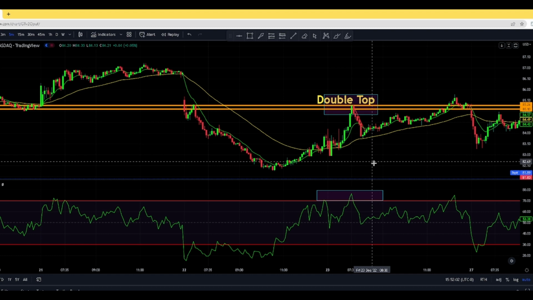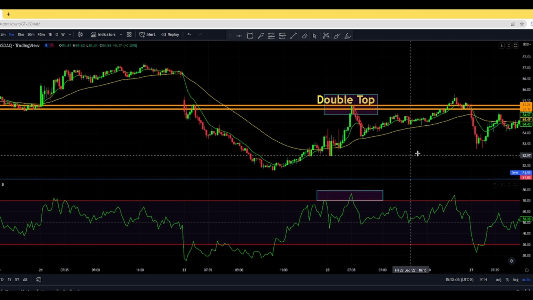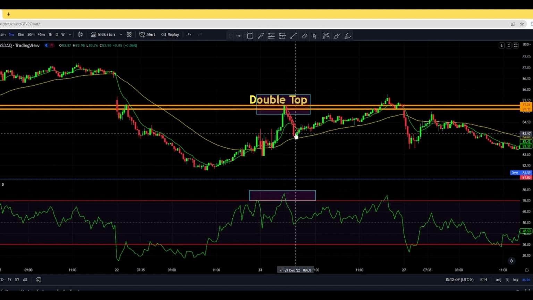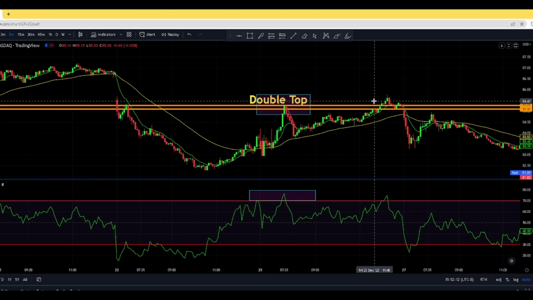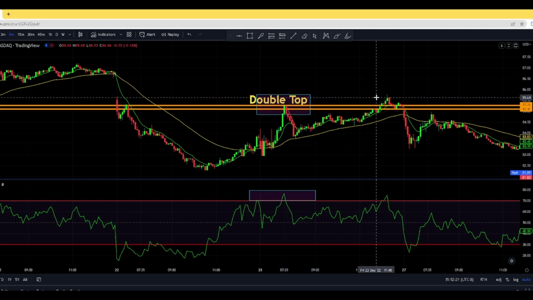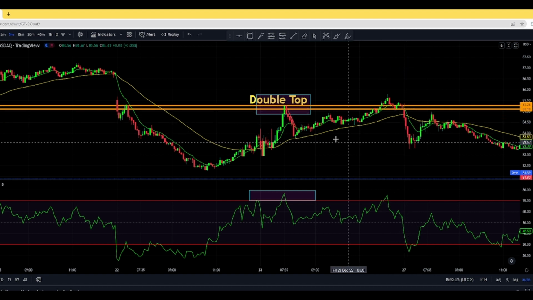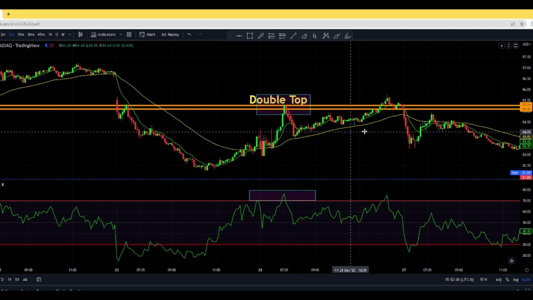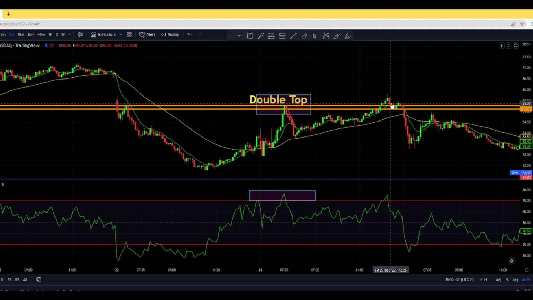So double top created, RSI confirmation, we waited. If we took that trade here, we probably would have gotten out here, because our stop loss was here and then it got rejected, right? Pretty much after 30 cents it got rejected again. Unfortunately, if you don't take your profit here, or some of the profit, you probably would have been stopped out right in here, which is fine.